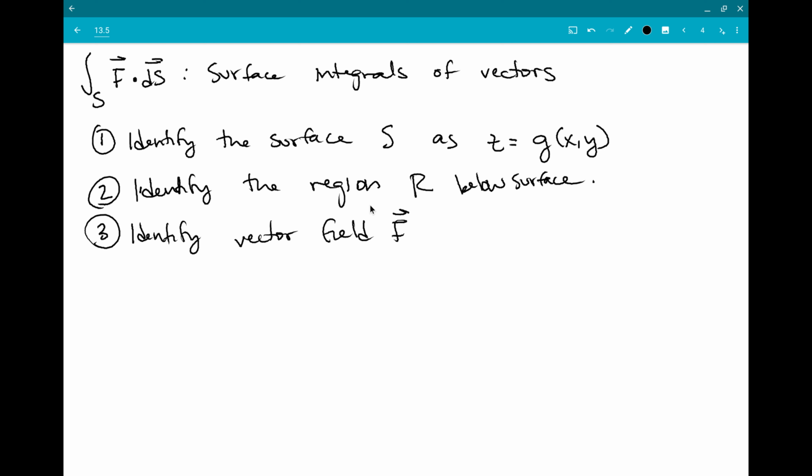Identifying your vector function F is easier because it tends to be the only vector you were given. But remember, when we identify it, we have to make that substitution where our goal is to turn this into a 2D integral. So we do have to get rid of any 3D variables that we have. So for example, you could get rid of z using g of x, y from your surface.